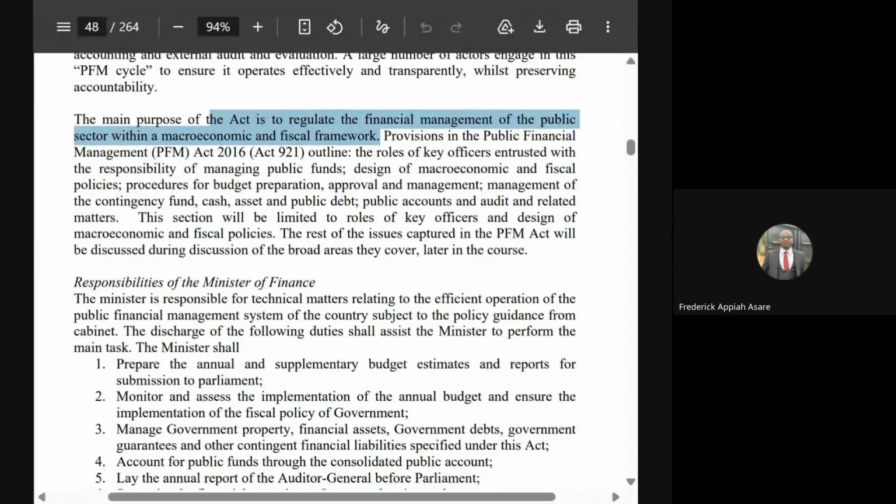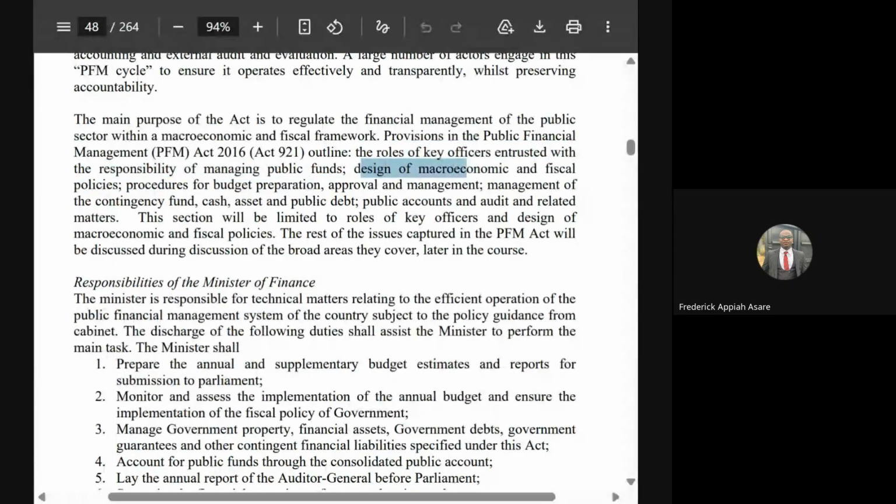So they ensure that the funds in the public sector are managed properly, within a macroeconomic and fiscal framework. The provisions in the Public Financial Management Act, Act 921 of 2016, outline the roles of key officers entrusted with the responsibility of managing public funds.